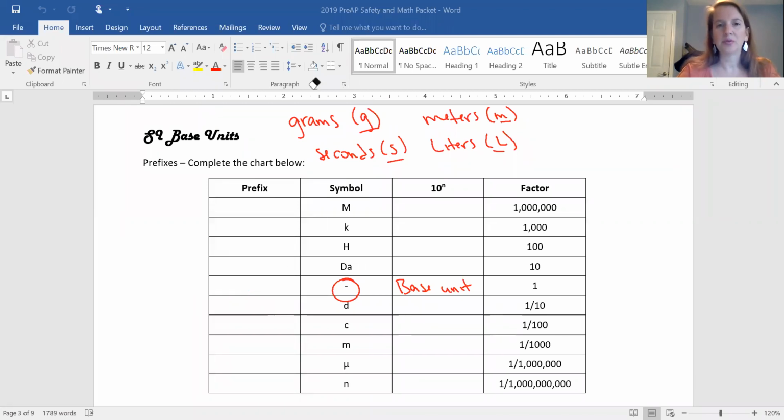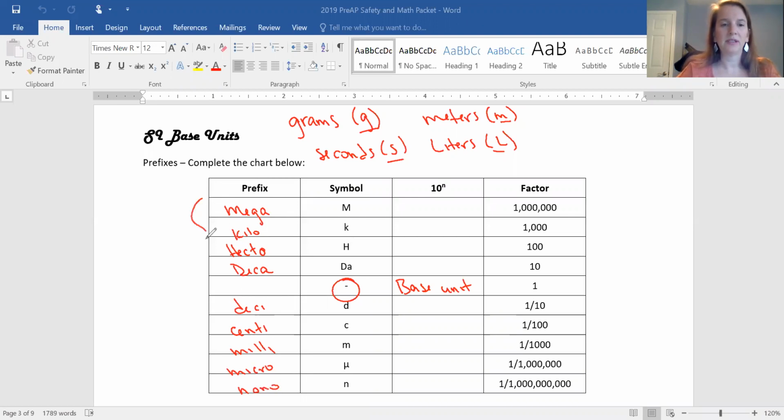Now we have different prefixes that we can use to further qualify what our value is. So this big M is going to be mega, and then we have kilo, hecta, deca, this is deci, centi, milli, micro, and nano.